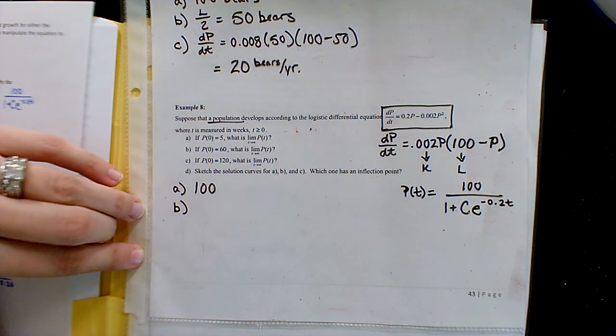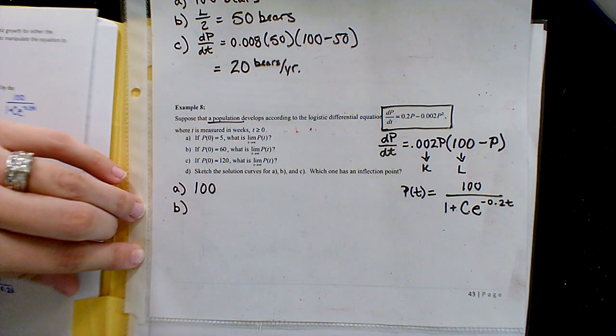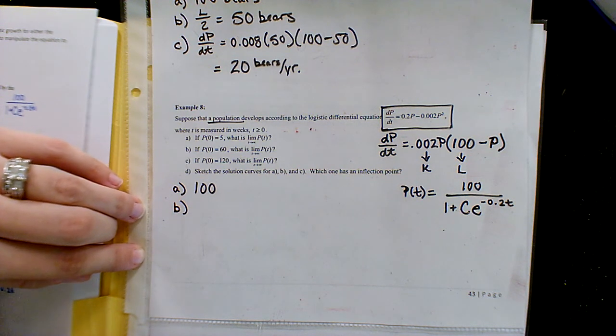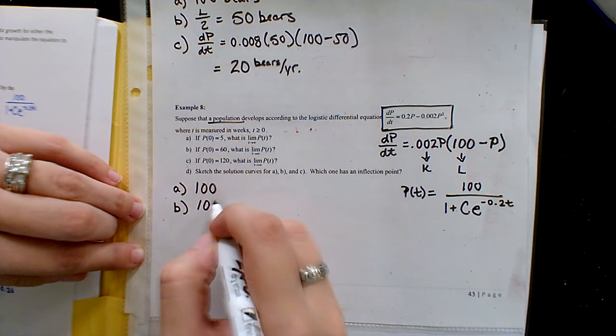What about part B? If p of 0 equals 60, if time goes on forever, it's still 100.